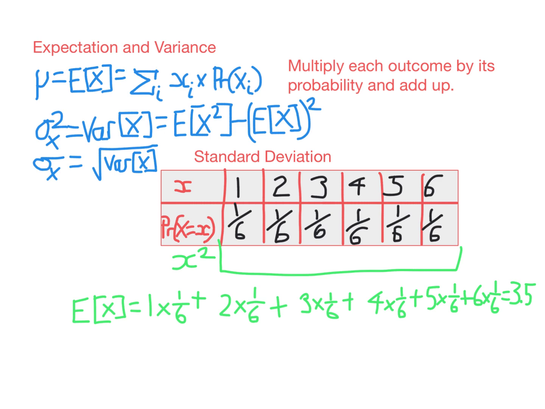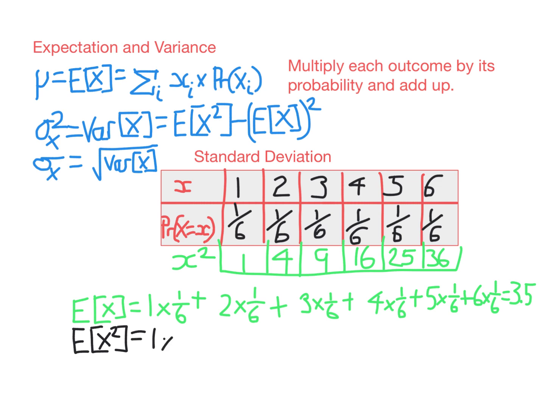So 1 squared is 1, goes down here. Then 2 squared is 4, down here. 3 squared, 4 squared, and so on. Now I'm going to calculate the expected value of X squared very similarly to how I calculated this. I'm just going to take each of these X squared values and multiply by the probability.